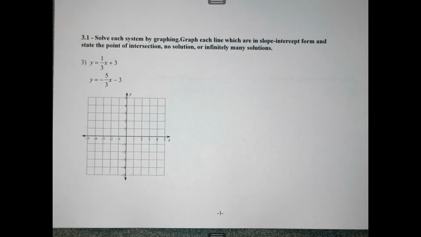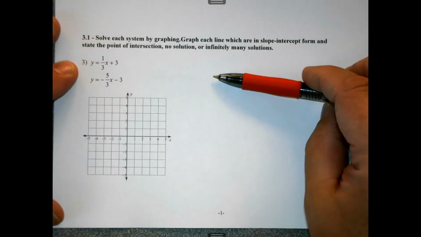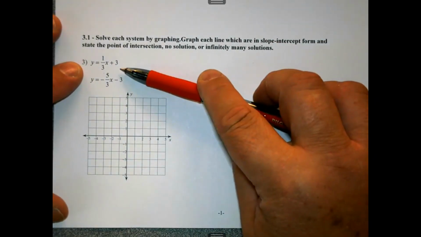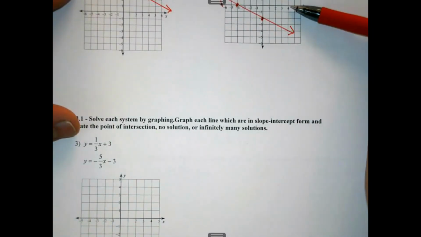Whether it was exactly 1 point, no solution, which is parallel lines, or infinitely many solutions, which is the same line. So number 3, we're supposed to solve this system by graphing. So we have to graph each one of these lines. That's why we reviewed how to graph lines.